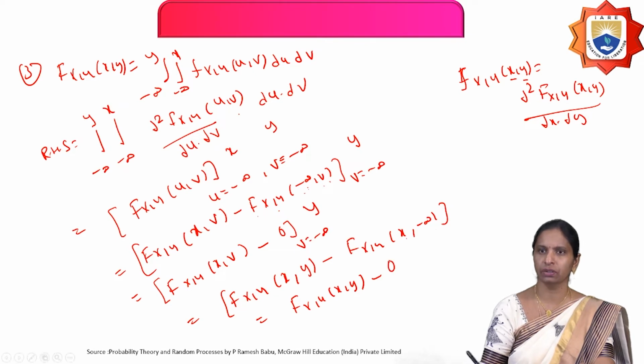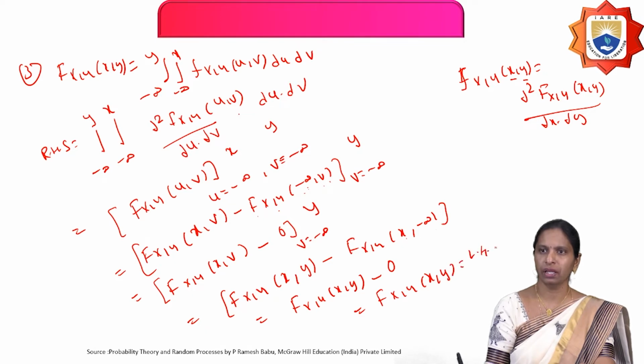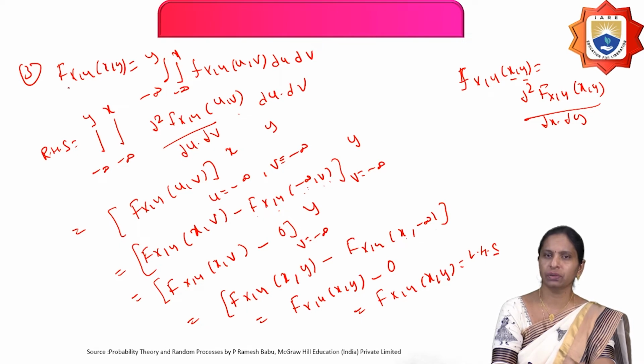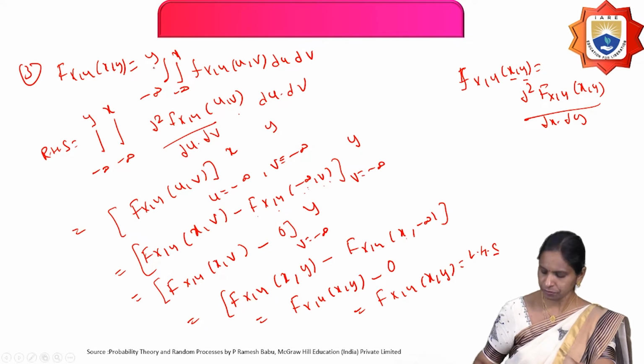Therefore that equals 0. So that equals what? F_XY(x, y). This is nothing but your LHS. Therefore, what can you say? The joint distribution function of two random variables x and y is obtained by integrating the joint density function within the limits minus infinity to x and the limits from minus infinity to y.